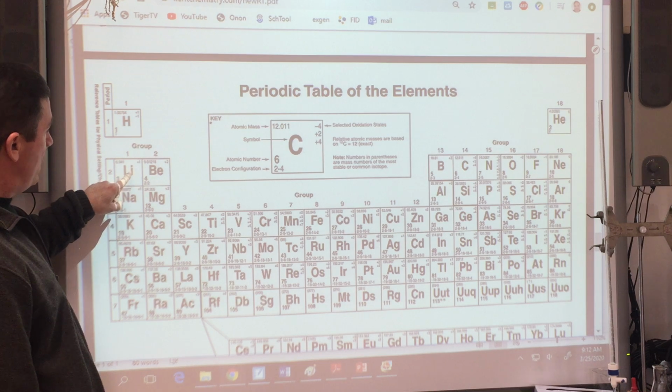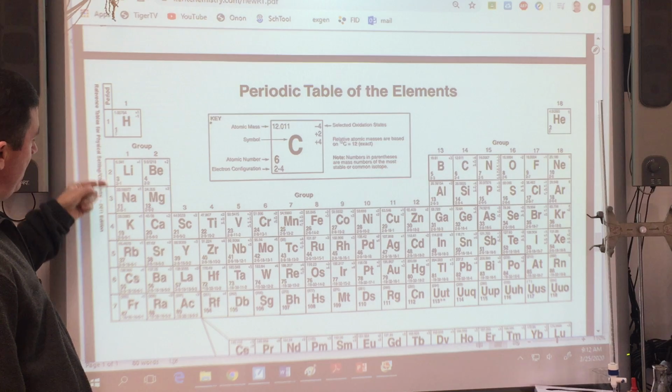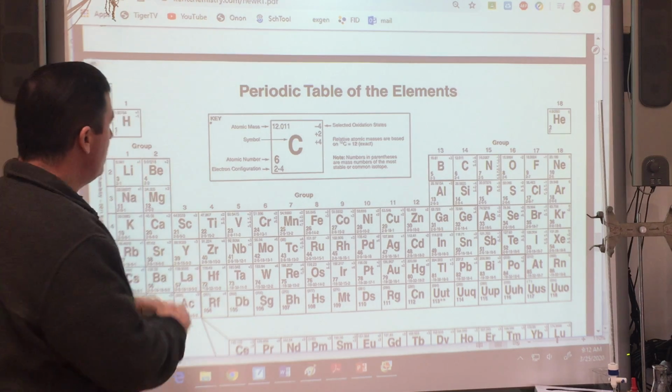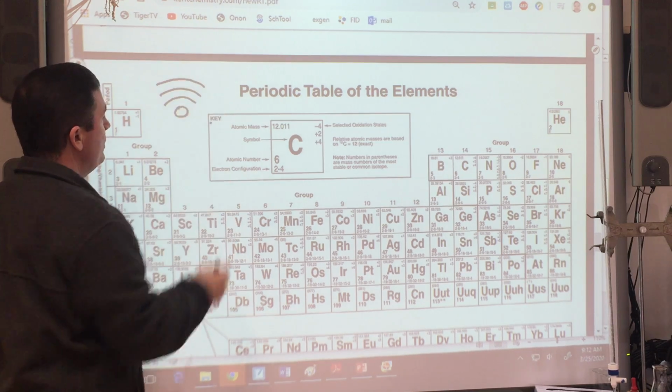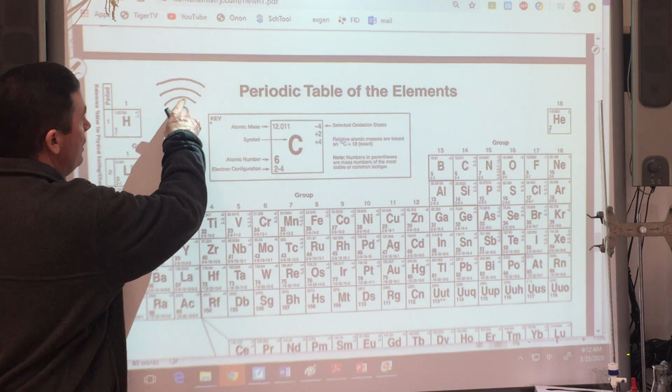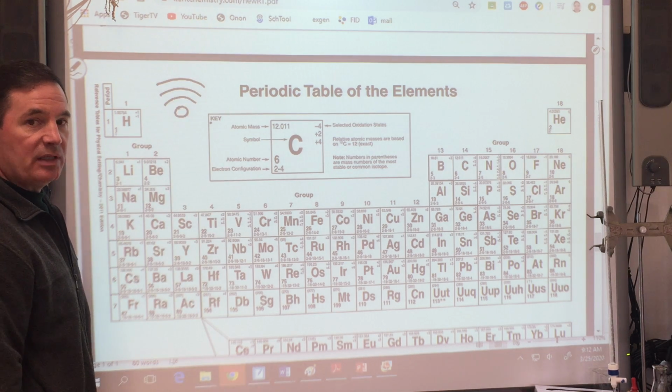Beryllium has one more proton than lithium. And since we're not adding another energy level, remember these are the energy levels that we've been talking about. Here's the nucleus, and here's the first energy, second energy, and third energy level. That's where the electrons are.